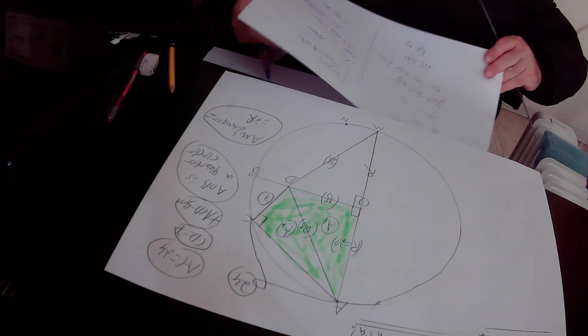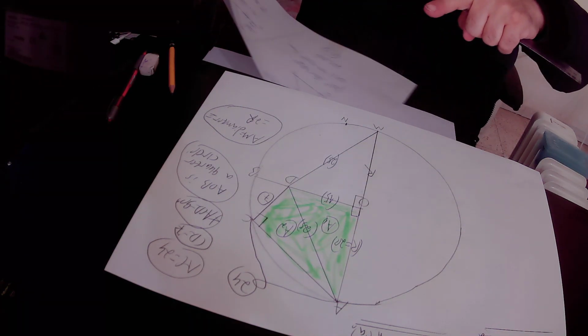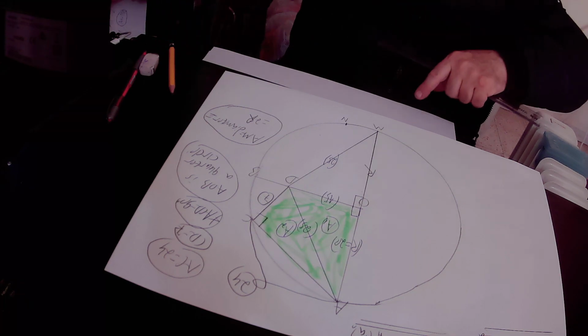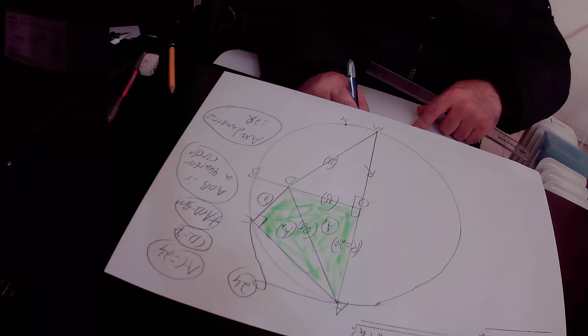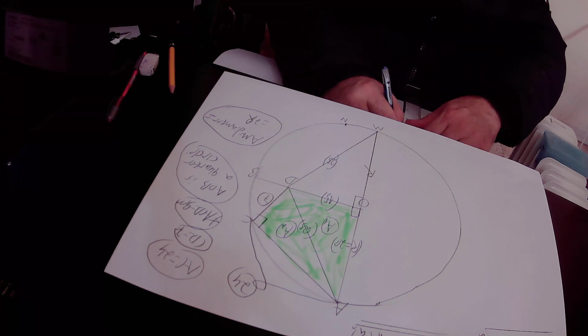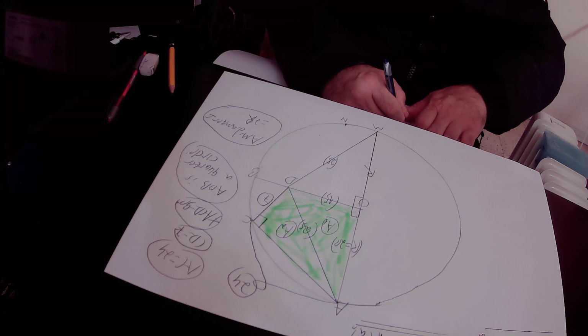In the next step we find the area of A2. The area of A2 is the area of the right triangle ACD. So I copy the right triangle ACD onto a new page and we'll find the area of this right triangle.